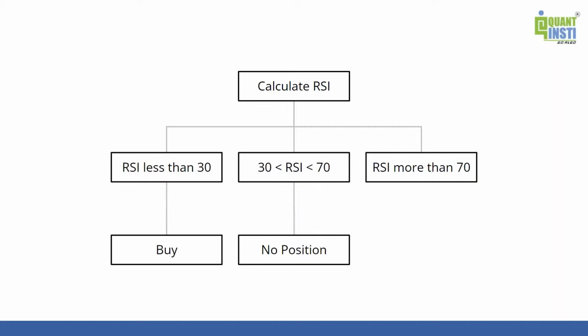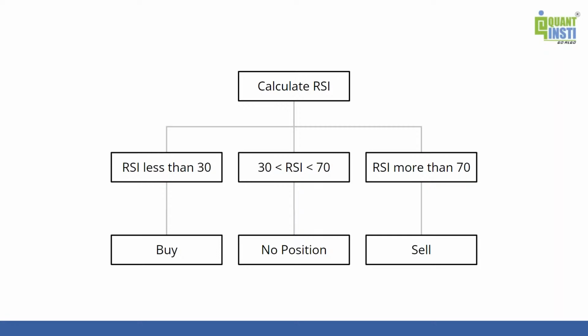And now we move on to the third part, when the RSI value is more than 70. At that point, you would think that people have bought the asset, pushing the price level very high. At that point, you would think this is a good time to exit the trade and you would sell that asset.